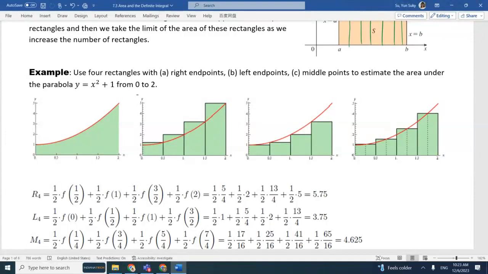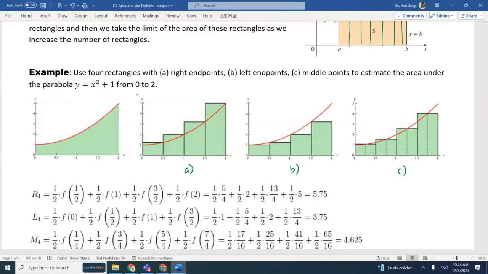Part B, use the left endpoint. Every rectangle, we use the left endpoint as the height. And part C, every rectangle, we use the midpoint.